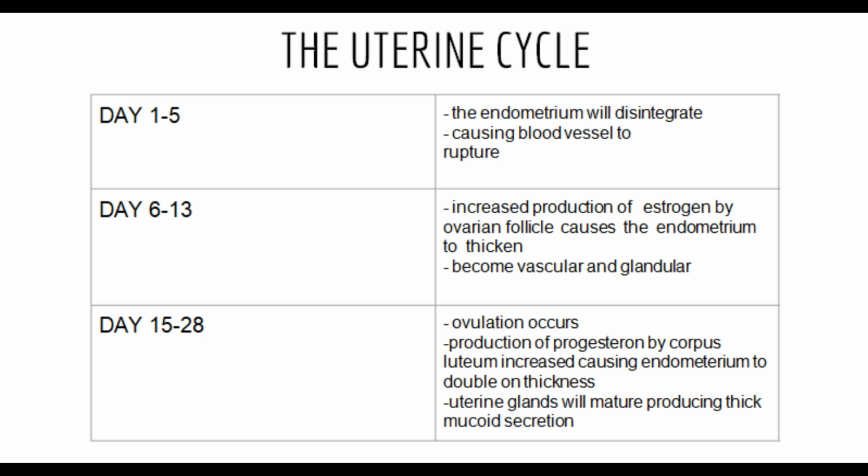In day 1 until day 5, the level of estrogen production was really low. But during day 6 until 13, the production increased, and the endometrium also becomes vascular and glandular.